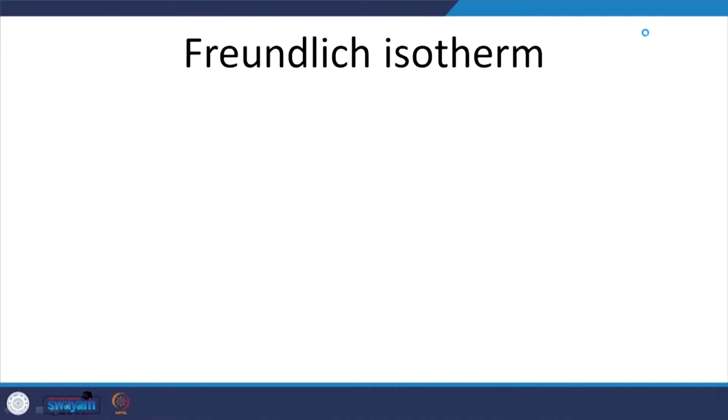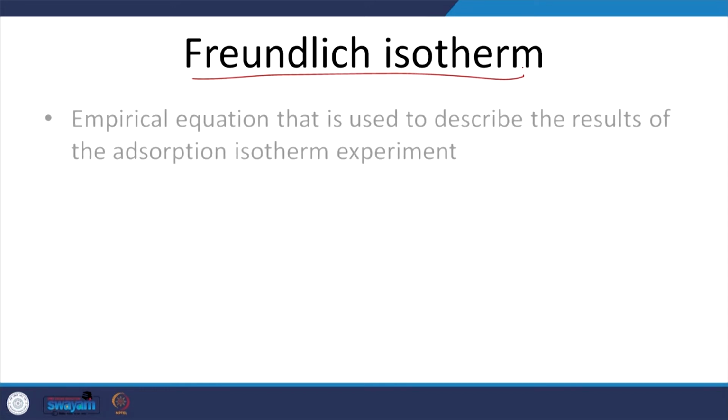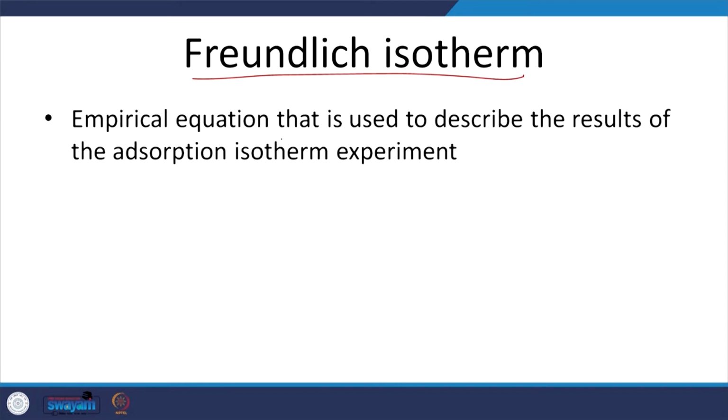And thus we see that rather than Langmuir, for granular activated carbon adsorption, Freundlich isotherm is a better fit. It's an empirical equation that is used to describe the results of adsorption isotherms, especially for granular activated carbon.